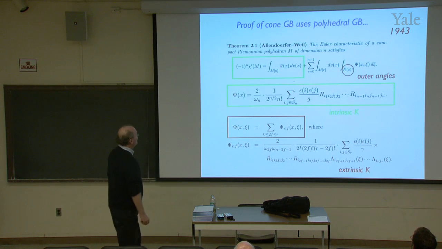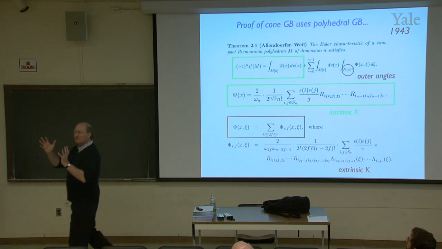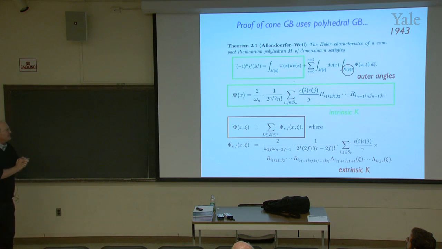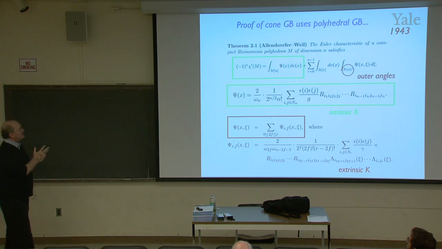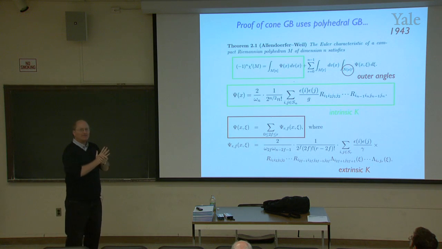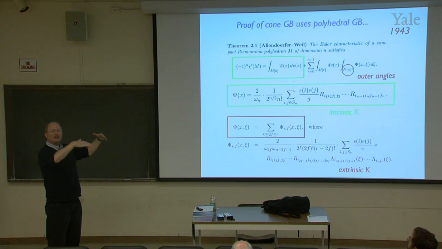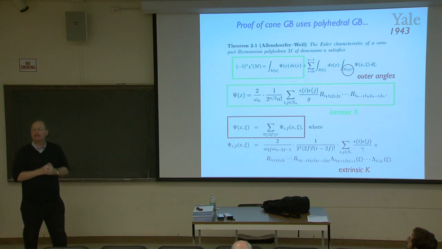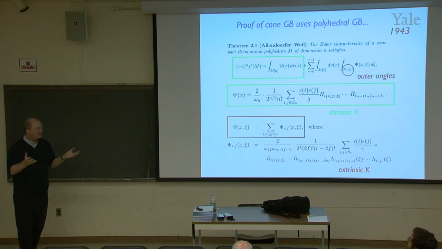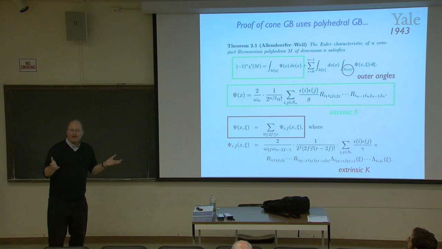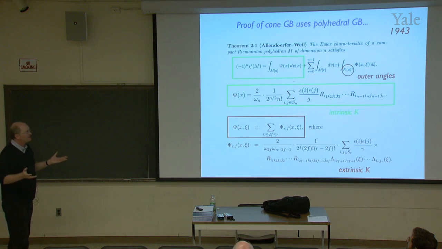So anyway, there's this beautiful formula due to Allendoerfer and Weil. Why did Allendoerfer and Weil prove this formula? So what happened is that Allendoerfer had proved the expected Gauss-Bonnet theorem for compact Riemannian manifolds that can be embedded in Euclidean space. At this time, nobody knew whether or not every manifold could be embedded in Euclidean space.